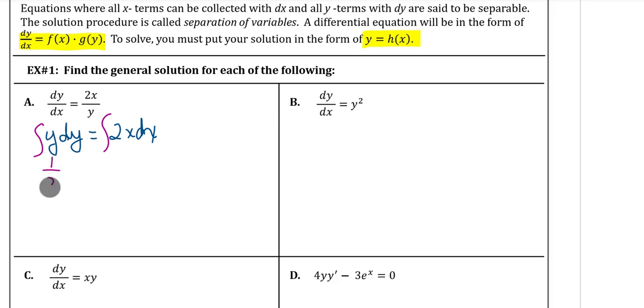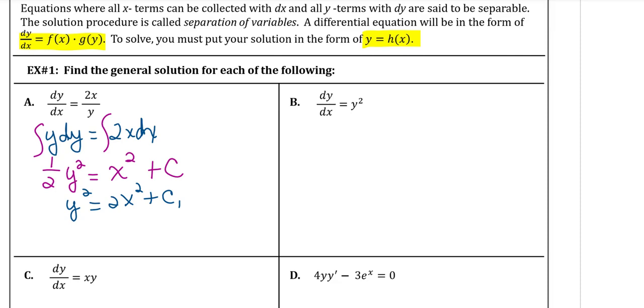So we get 1/2 y squared equals x squared, and then we're going to have plus a constant. Then we're going to multiply both sides by 2 to get rid of the 1/2. So we have y squared equals 2x squared plus, and you can call this a different constant if you want.